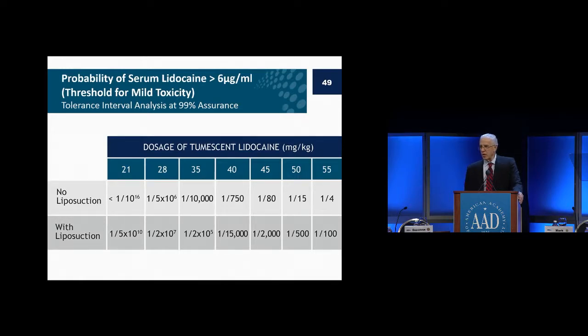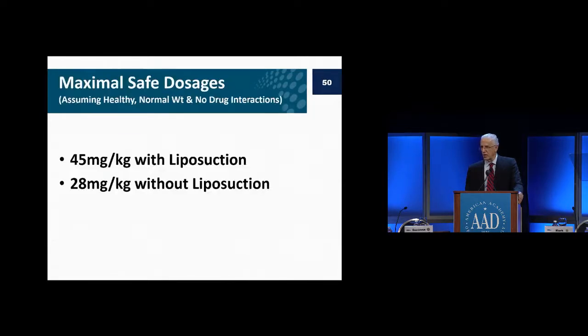That's with liposuction. And if you look at the 55 milligrams per kilogram, you can see that my data shows that if we were to give 55 milligrams per kilogram and then suspend the liposuction, the risk of toxicity might be as high as 1 in 4. So I'm a little cautious about using that high a dosage these days.